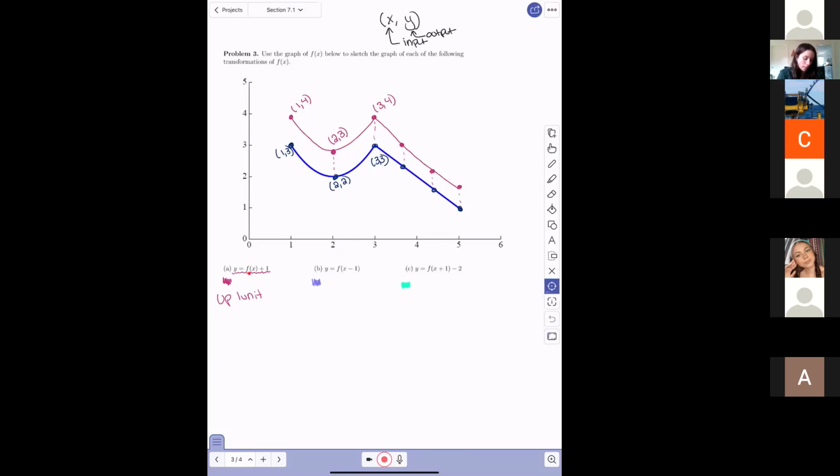So that makes sense that we're only going to add 1 to the output of f of x. Okay. Any questions on that?